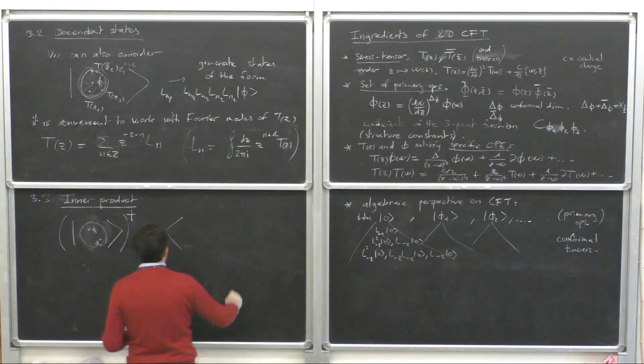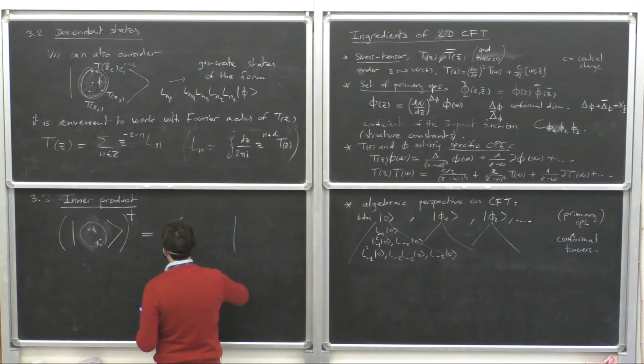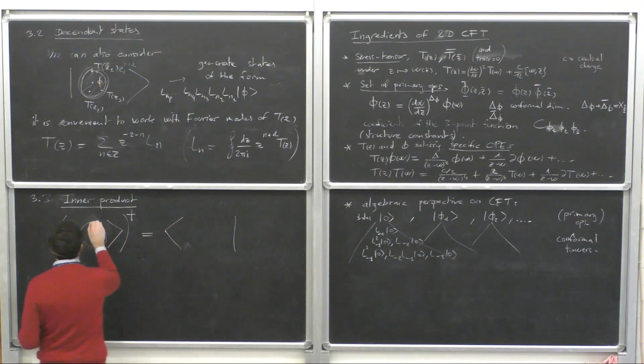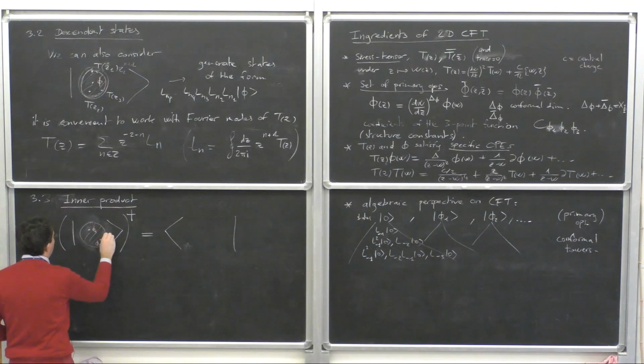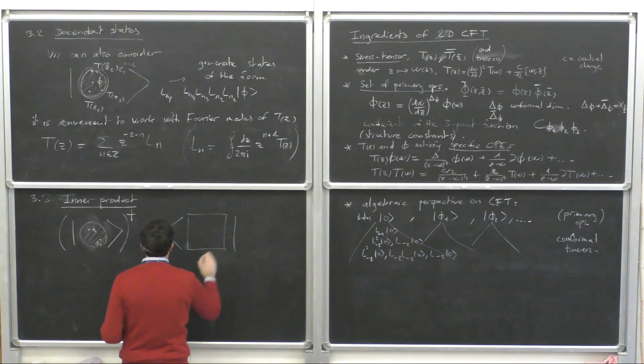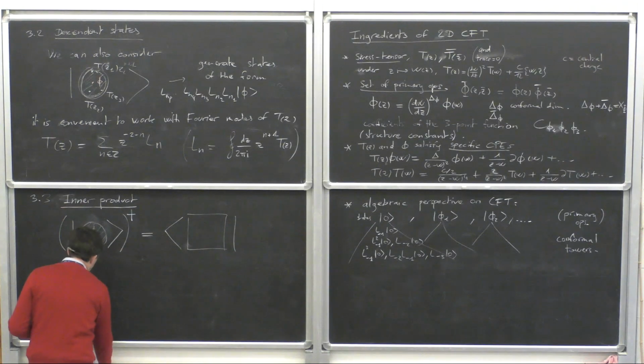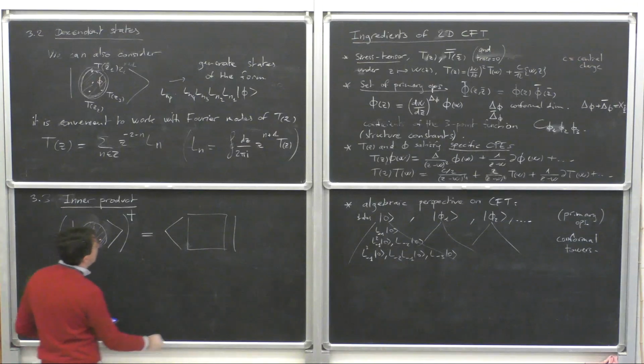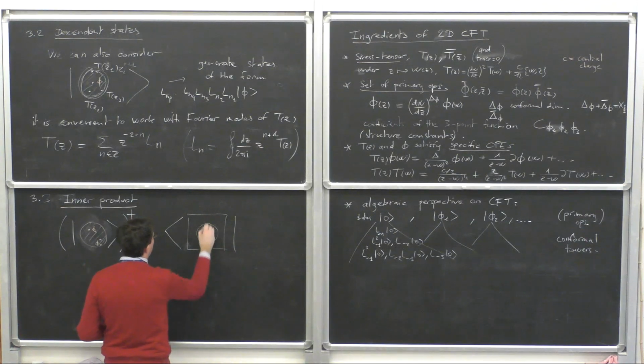So we're going to define a ket. And the ket, in order for these things to make sense, we would like the ket to correspond to the complement. So instead of integrating degrees of freedom inside the disk, now we want to integrate them outside.